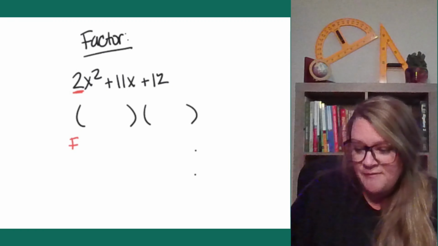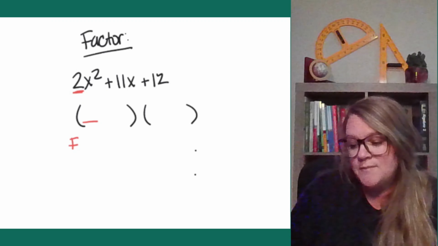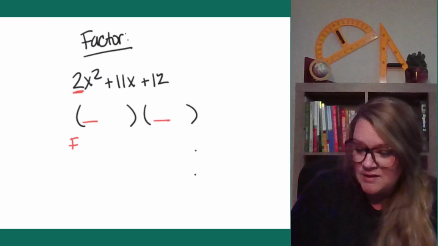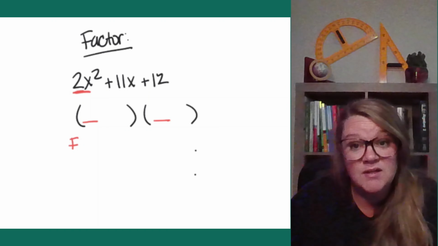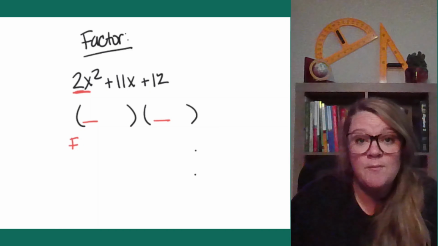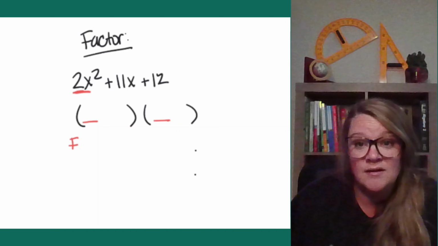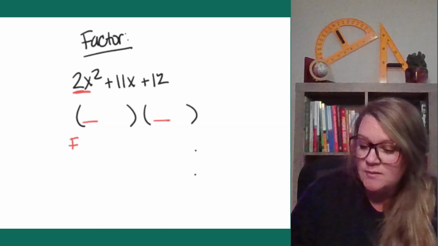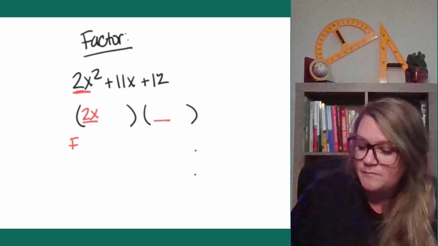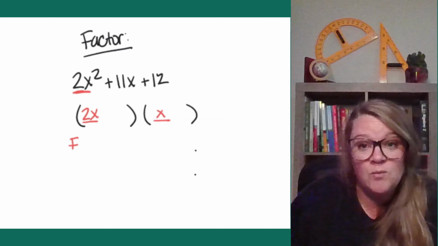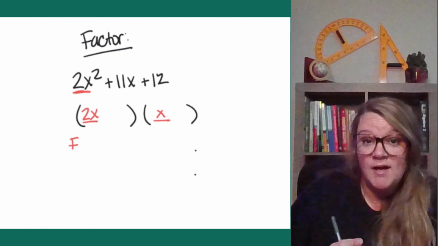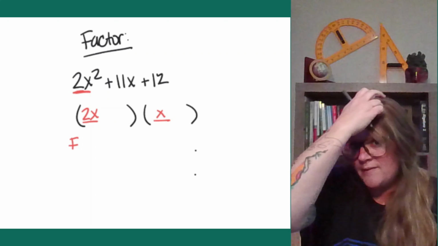When I take the F times the F, the first times the first, I have to get this 2x squared. So I'm thinking to myself, what can I multiply to get 2x squared? I know that I can multiply 2x times x, and that will give me 2x squared. So F times F will give me 2x squared, and that one is good.